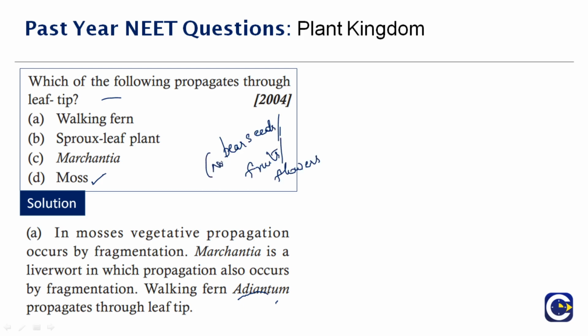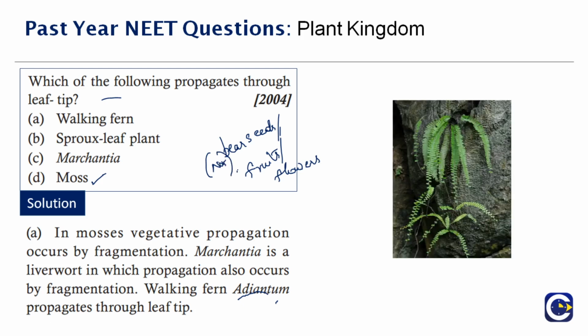They don't bear at all. Okay, they are just green plants that grow over areas, and this walking fern has a nature to propagate through the leaf tip. To your right side, you can see the image of the walking fern. Okay, so the correct answer is option A, walking fern.